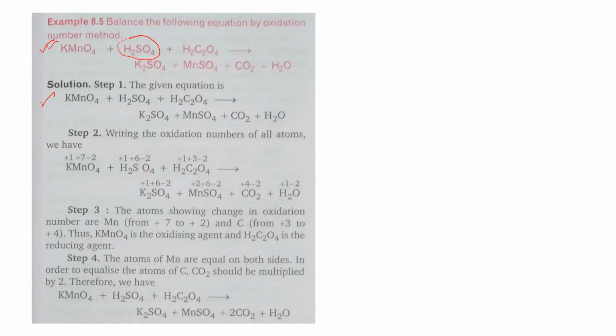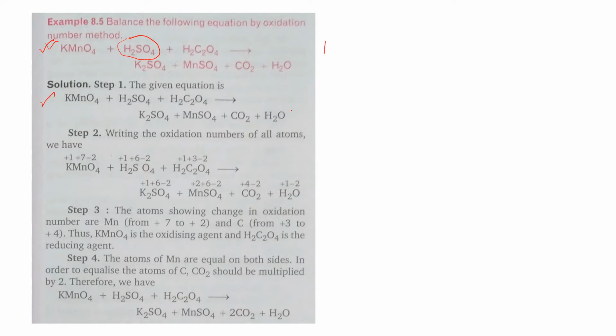Step 2, it is said, write the oxidation number of all the elements, of all the atoms. So for that, what it is given, just see that, I'm just showing it to you.